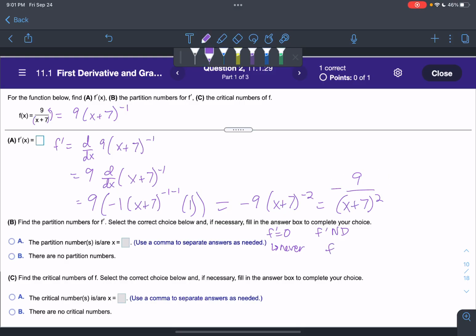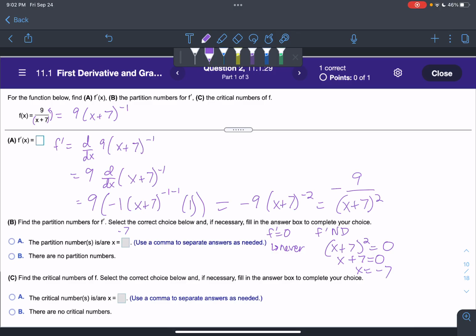But my f prime will not exist if my denominator is 0, right? Because then I'll have a divide by 0 problem. So we want to find where x plus 7 squared is equal to 0. And this occurs at negative 7, yep. Okay, so that's our partition number for f prime.